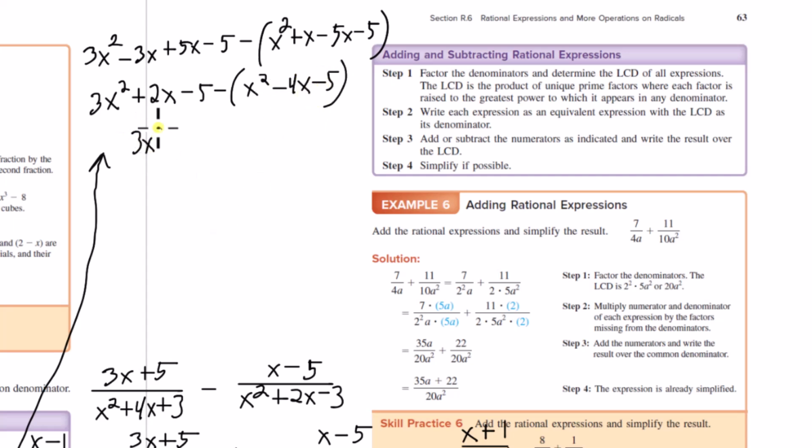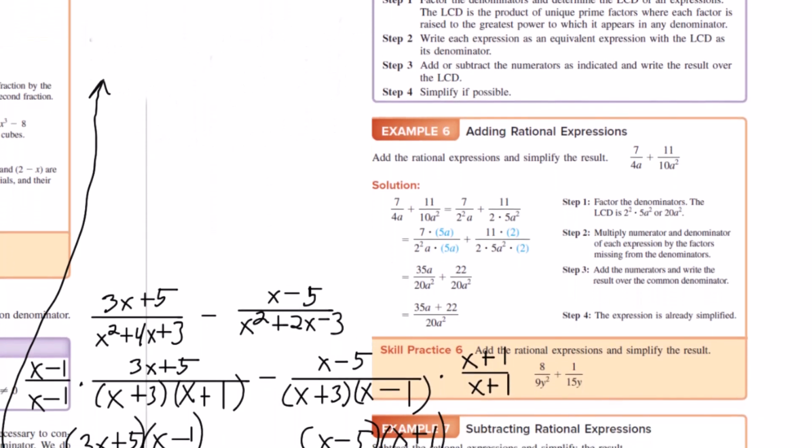So 3x squared plus 2x minus 5 minus x squared plus 4x plus 5. So 3x squared minus x squared is 2x squared. 2x plus 4x is 6x, and minus 5 plus 5 is 0. So 2x squared plus 6x in the numerator.